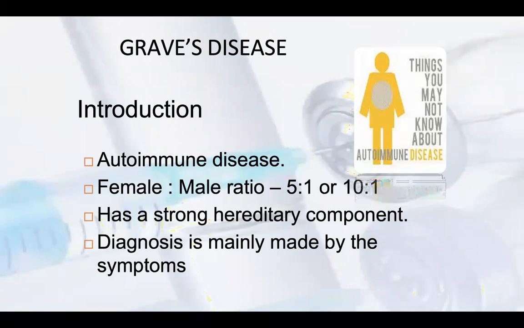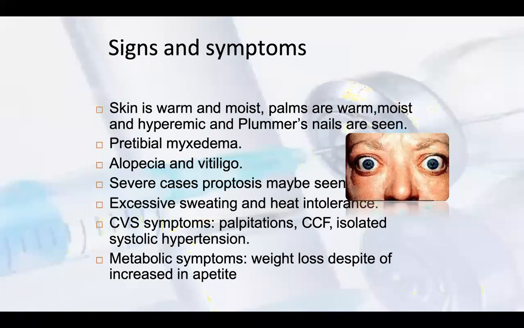Diagnosis is mainly made by the symptoms. You can see the symptoms of Graves' disease. Skin is warm and moist. Palms are warm and moist, and palmar erythema and nail changes are seen.